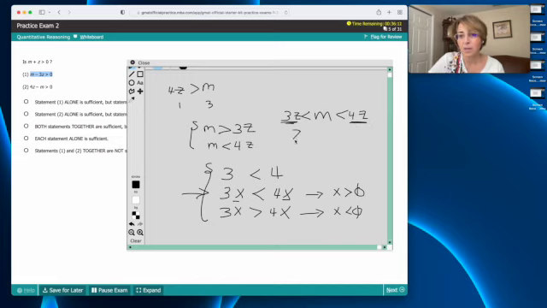Therefore, z must be a positive number. If z is a positive number, 3z is positive, 4z is positive, and m must also be positive. Therefore, taking them together is sufficient because both of them are positive, and m plus z is also going to be a positive number.